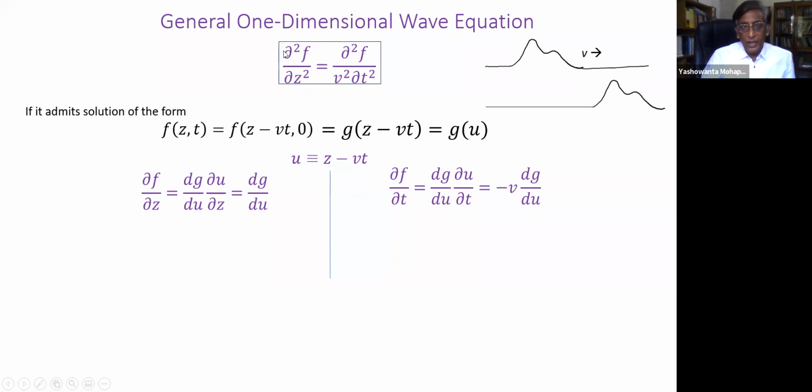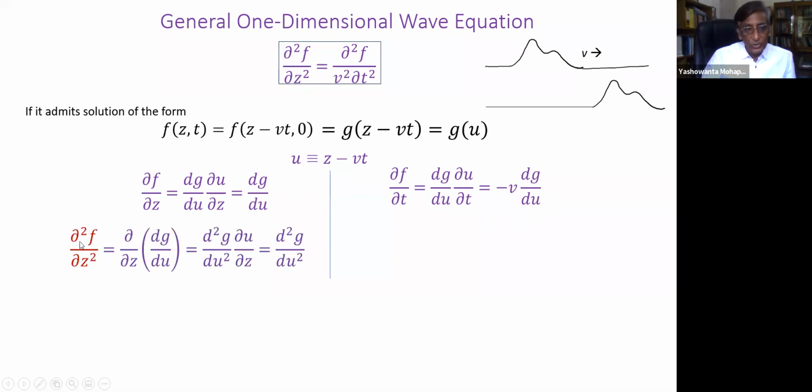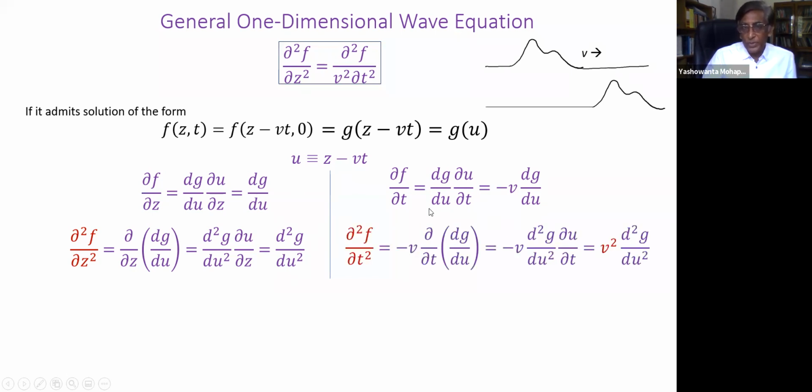I know I'm looking for a second order differential equation, so I can go to second order. Del square f by del z square: del by del z is just one more differentiation in this case, and del u by del z is still 1. So d square g by du square. Now let's come to what happens to the second derivative in time.